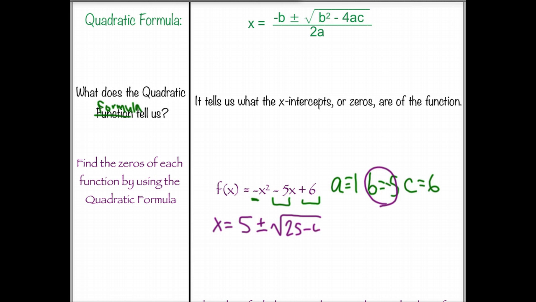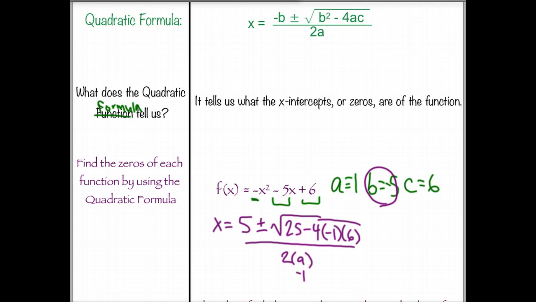So we have 4 times a is -1, and times c is 6. So now we have to divide by 2 times a, and our a term is -1.